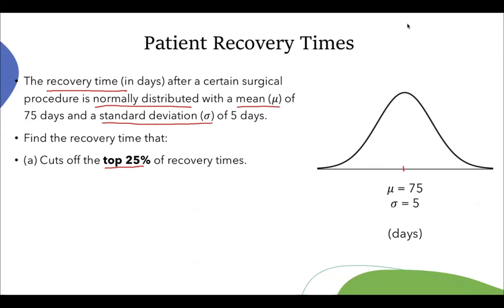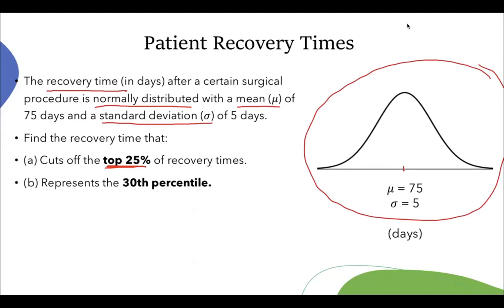Let's remember that all 100% of recovery times are covered in the entire bell curve. The top 25% is just that piece on the right. Next, find the recovery time that represents the 30th percentile.